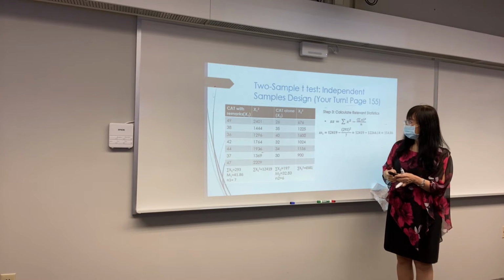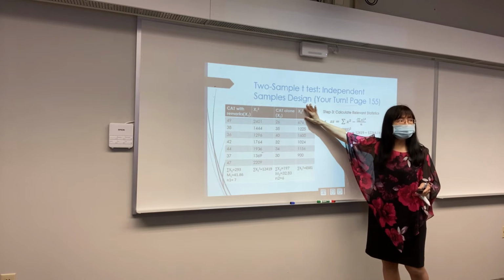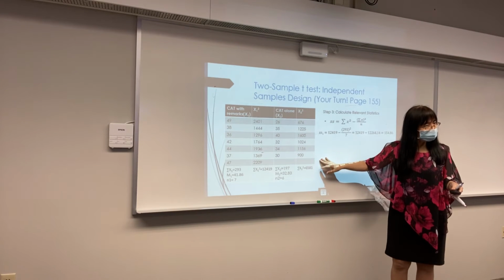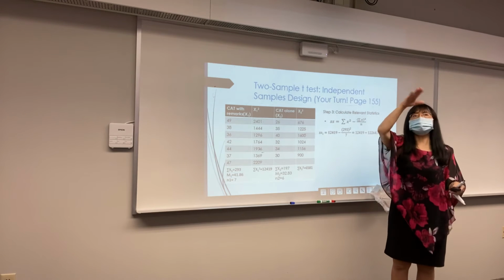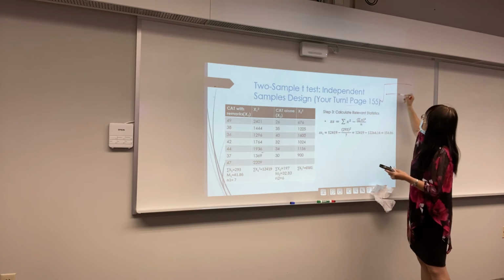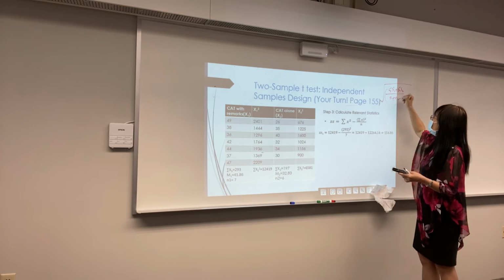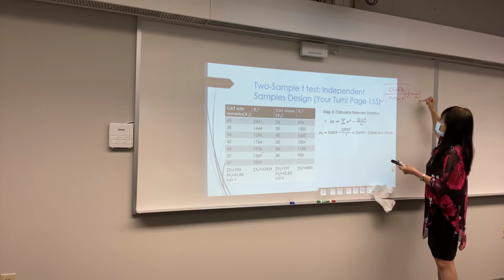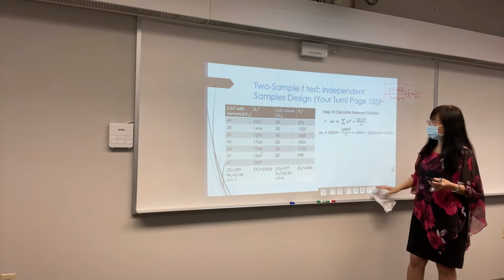Because remember for independent t, the formula is a little bit different, right? So you need the SS1 and you need SS2. Everybody still remember your independent t test? The square root of SS1 plus SS2 over N1 plus N2 minus 2, and then times 1 over N1 plus 1 over N2. That's the second boy, the second brother, a little bit more complicated.